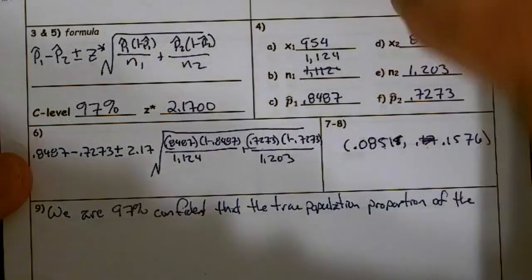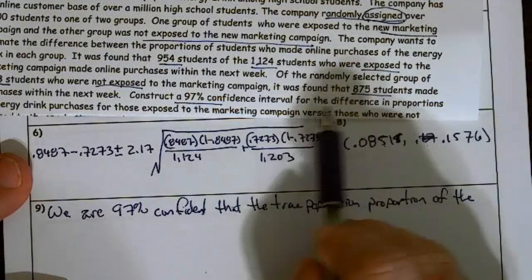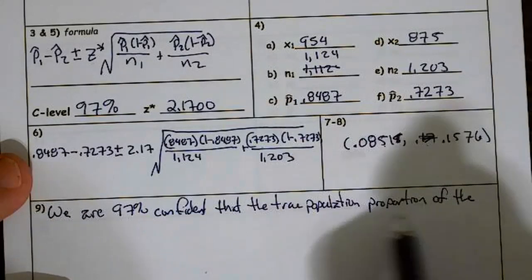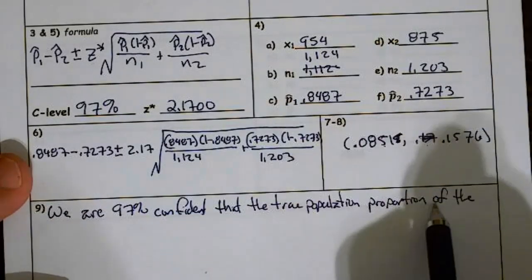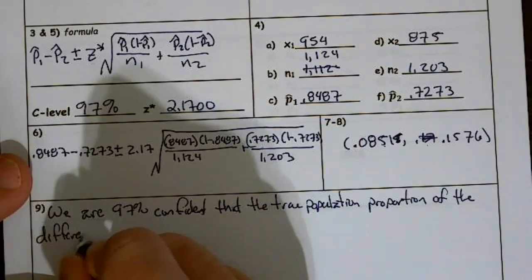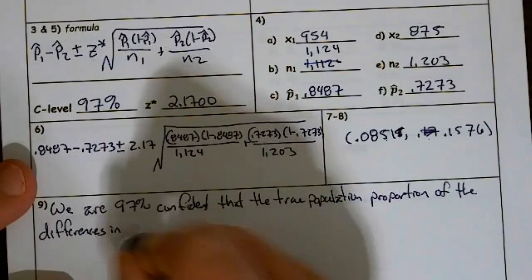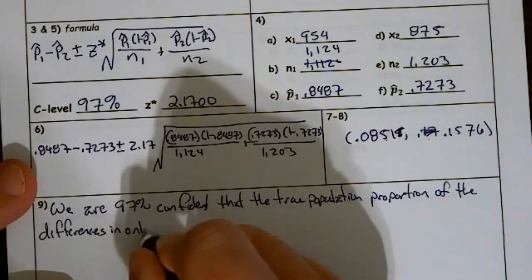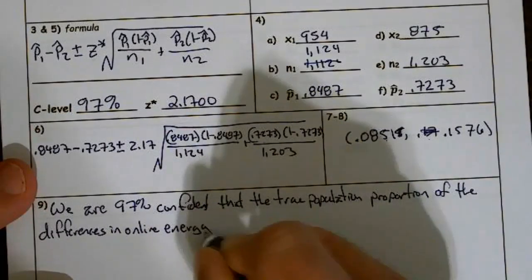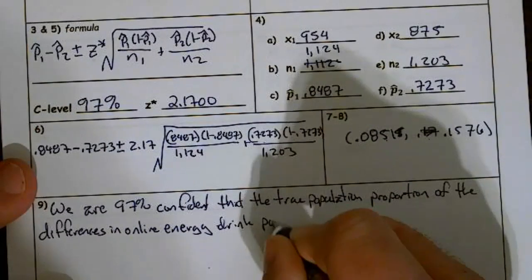What were we supposed to find? We were supposed to find true population proportion of the differences, or true population difference of the proportions. It doesn't matter. True population proportion of the differences in online energy drink purchases.